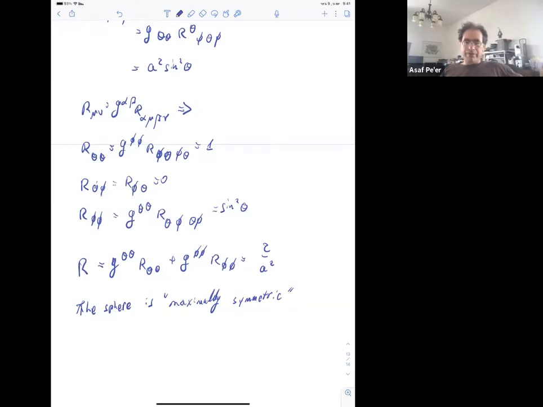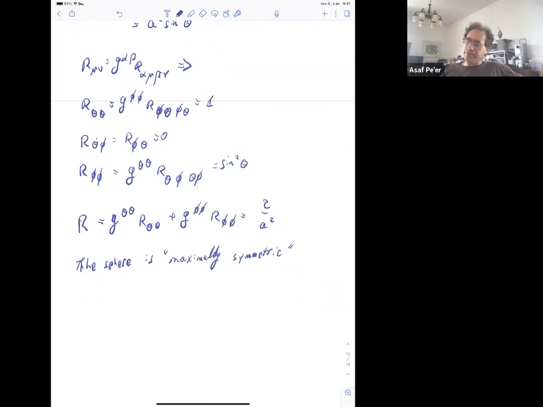That means that the sphere is positively curved. It's always greater than 0. The sphere is positively curved.